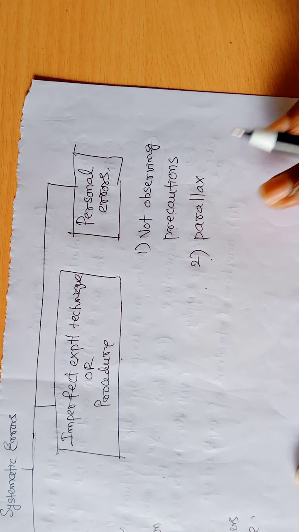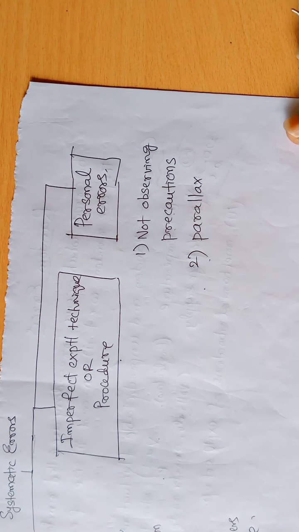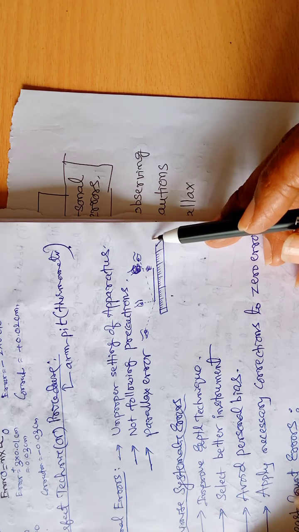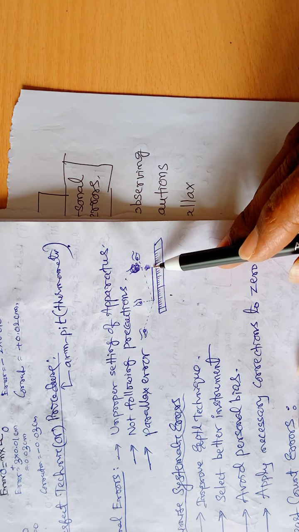Second one, parallax error. When you are using a measuring scale, that is meter scale or vernier scale, whatever scale you are using. See this diagram. You are measuring the length of the line segment.